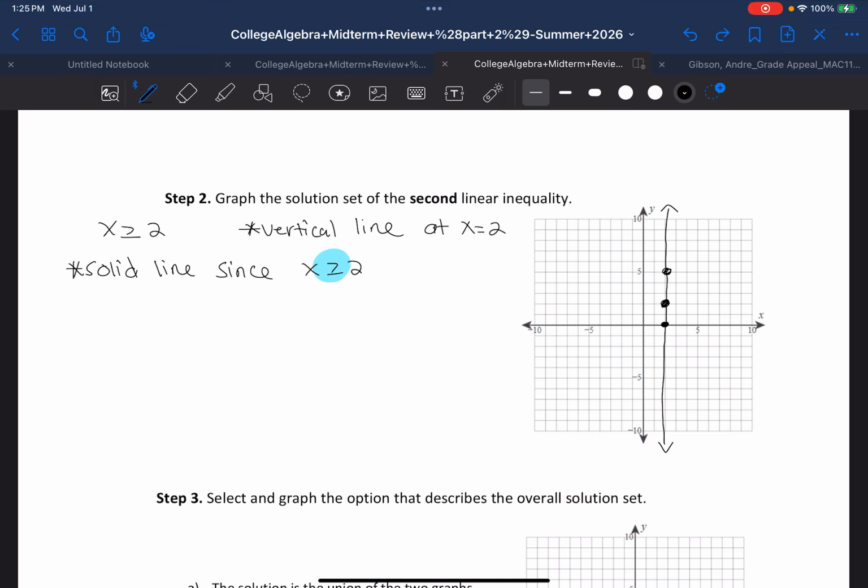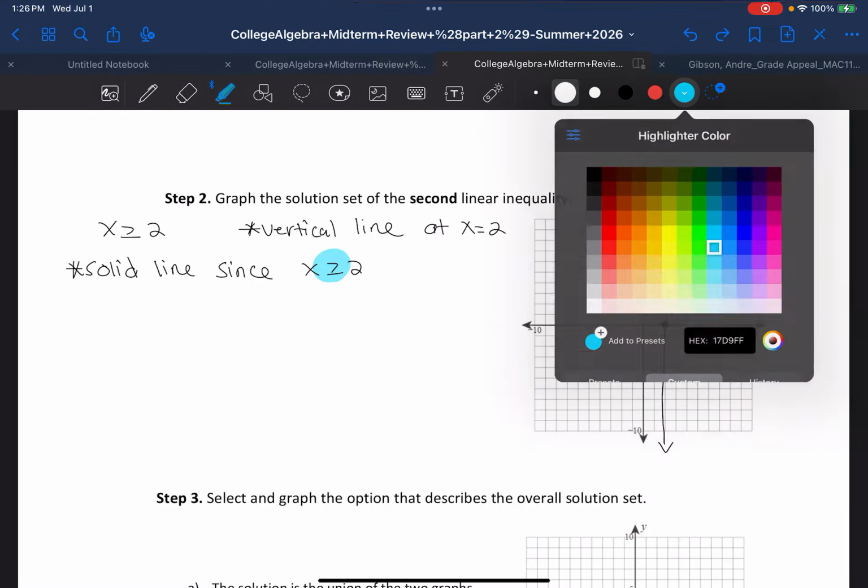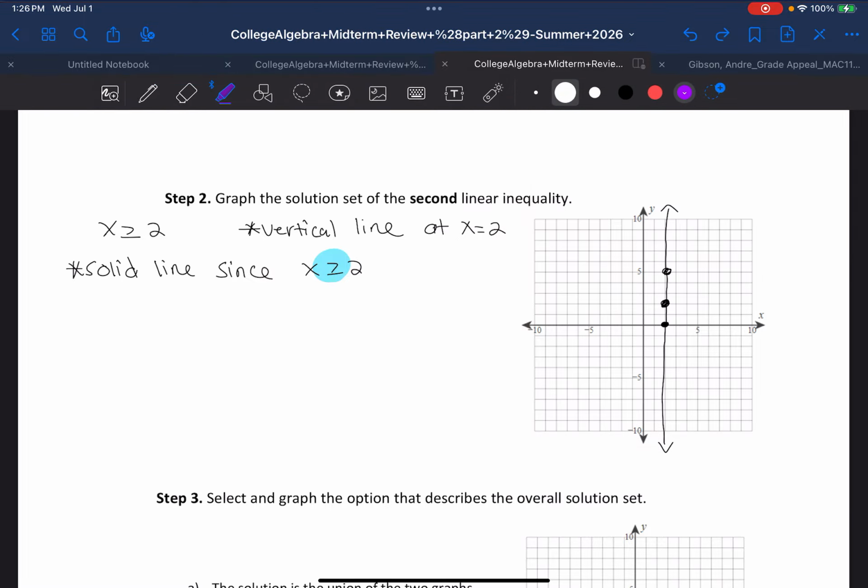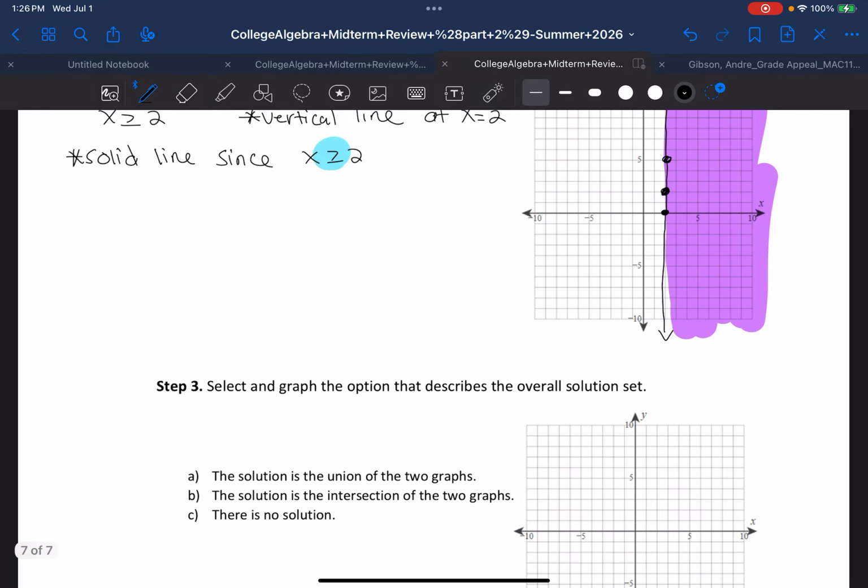Well, x is the horizontal axis. So all numbers that are greater than 2 on the x-axis will be to the right. So that'll be here. If it was less than, I would have shaded to the left of that line. So that's it for step 2.